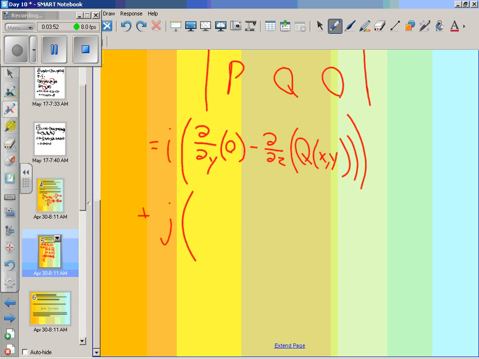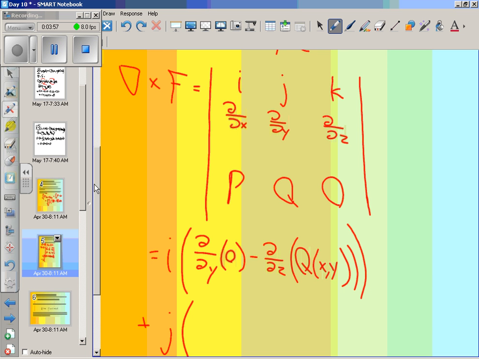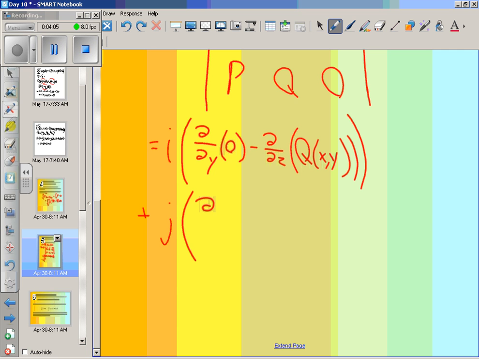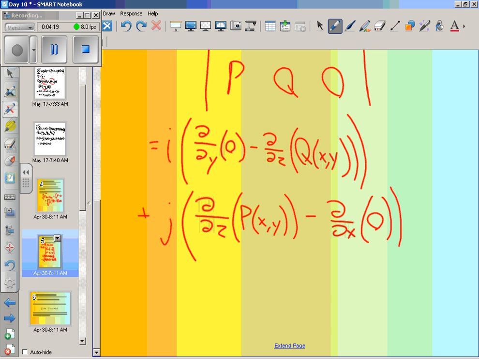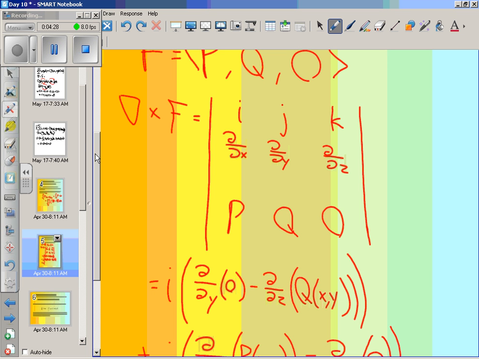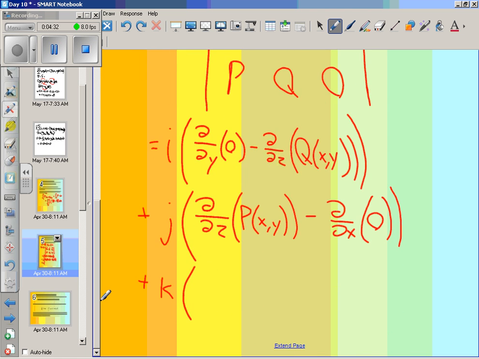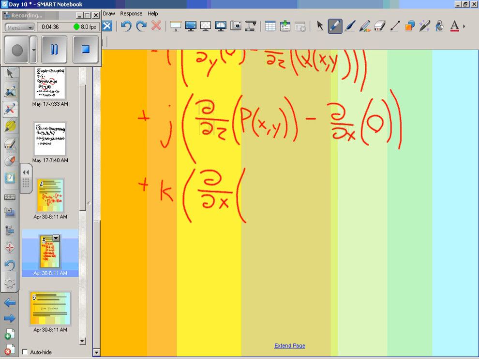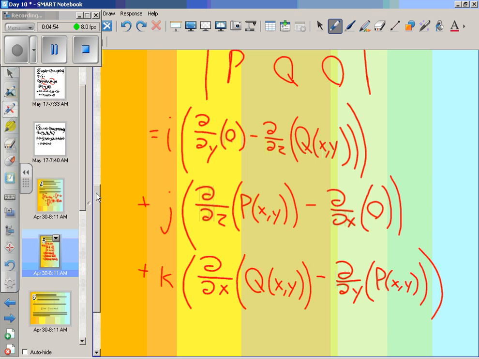For the j component, we have d/dz falling on P minus d/dx falling on 0. And the k component is d/dx falling on Q minus d/dy falling on P. Okay, so this is what the cross product is going to look like.